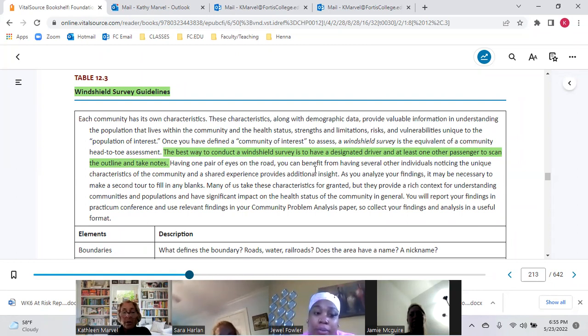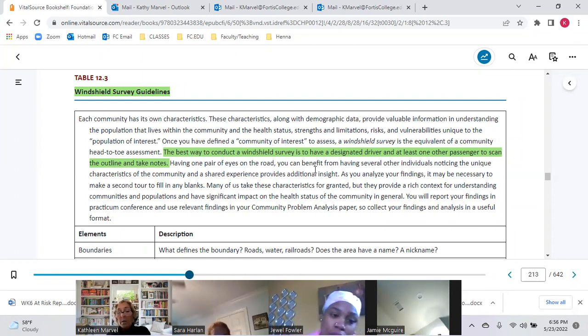Are people gathering on the corners? Is the community dirty? Is it clean? Does it have nice parks? Does it not have nice parks? Or people walking around freely? Are they not? You can be doing this from the windshield of anything, windshield of a bus, windshield of a car. That's why it's called a windshield survey. You are riding around the community doing all your observations.